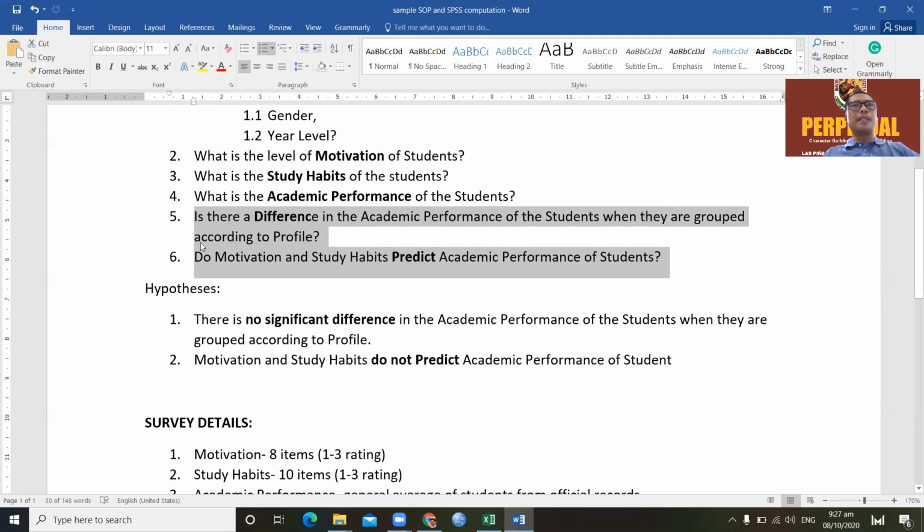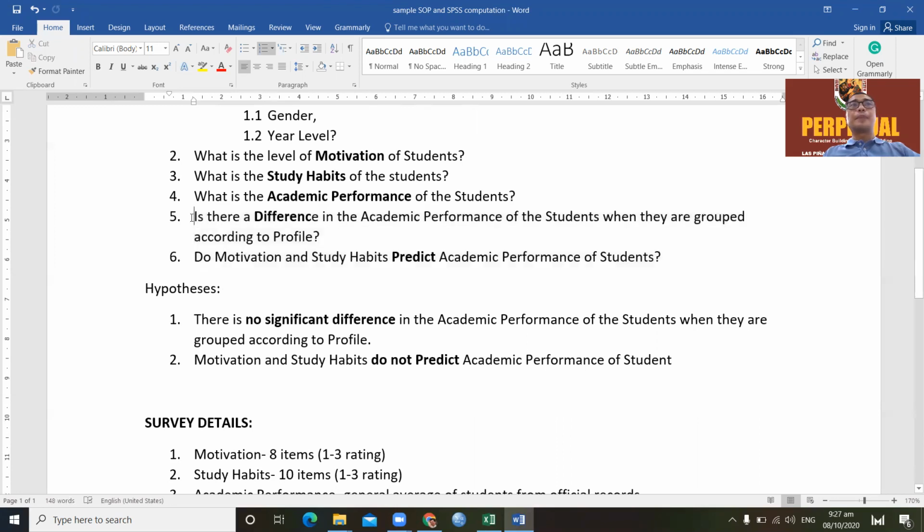Your hypothesis corresponding to statement of the problem number 5: there is no significant difference in the academic performance of students when they are grouped according to profile. We would be stating the null hypothesis.